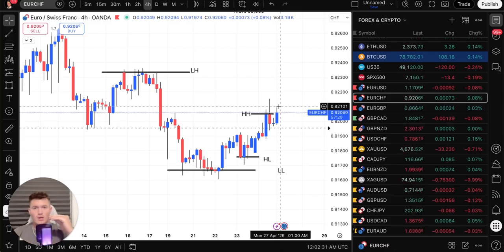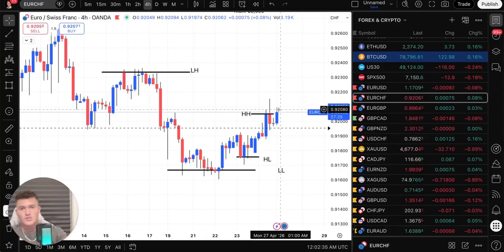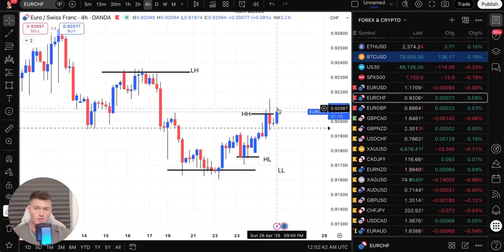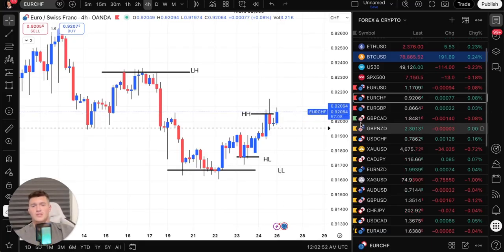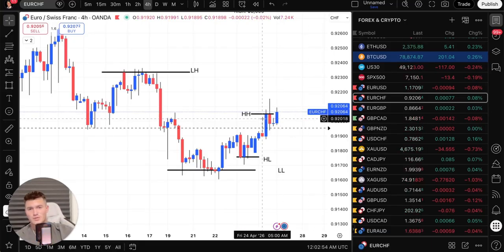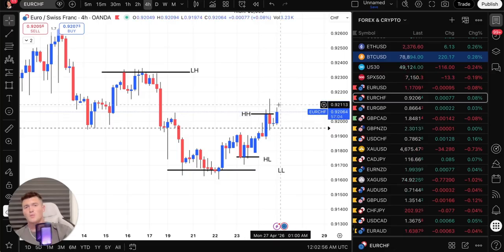Never assume just because it's above that it's going to close. These wicks are not showing where price is. They are showing where price went, but not where price is staying. So we want to wait for the closure of the candlesticks. If this closes in the next 57 minutes above this structure point here, then we have a new higher high, which will then give us a new higher low.